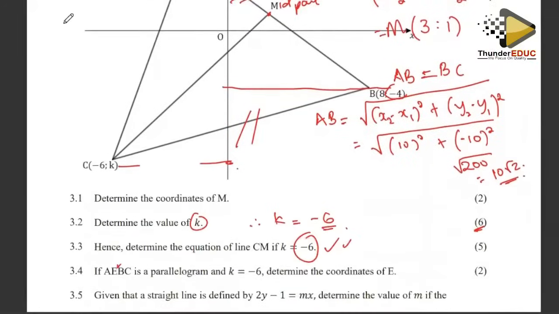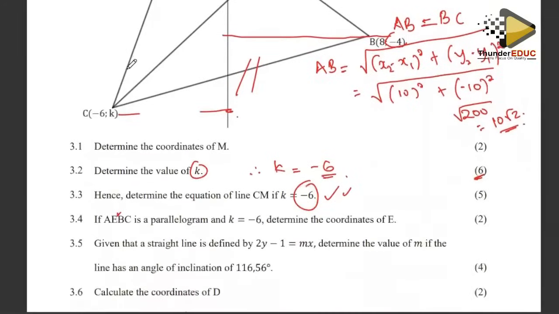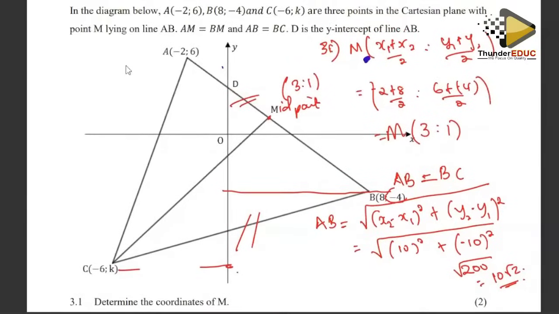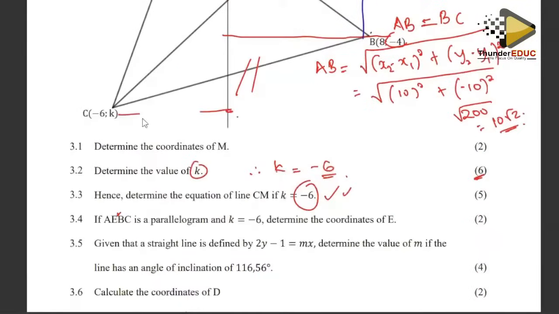AEBC is a parallelogram, and K is -6. Determine the coordinates of E. So if this is our E, I'll just put (x, y). Okay, we have that, and then we have that. Don't mind the shape, we're just focusing on the parallelogram part.